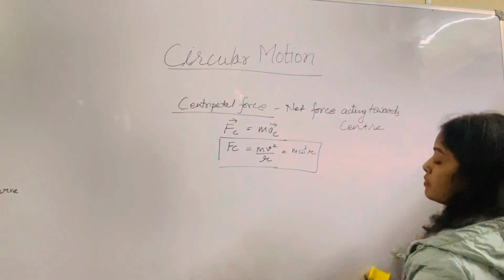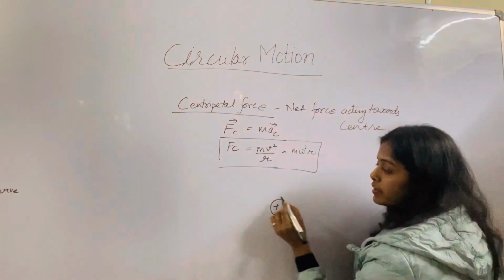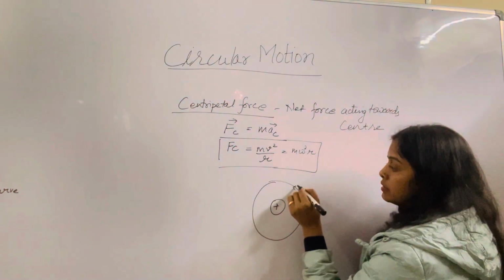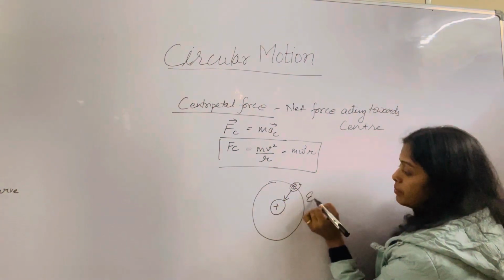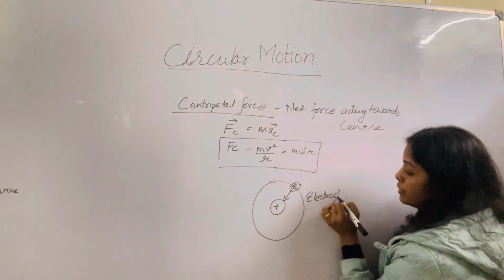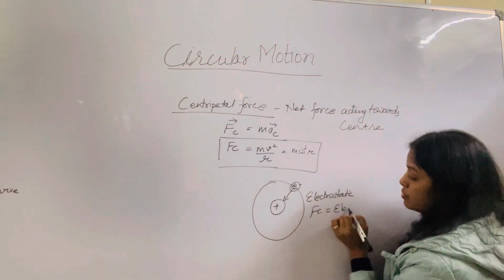What happens in the case of an electron and nucleus in an atom? We have a nucleus here and an electron revolving around this path. There is an electrostatic force at play, so in this case the centripetal force is equal to the electrostatic force.